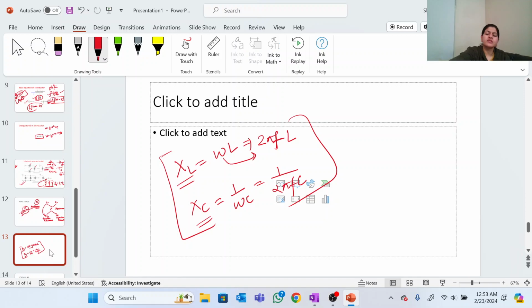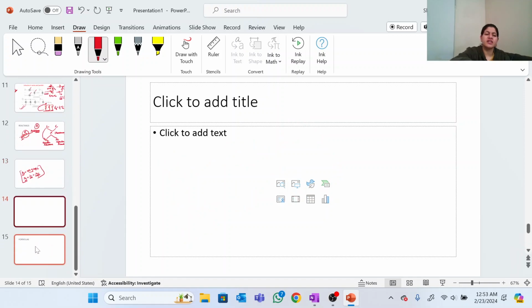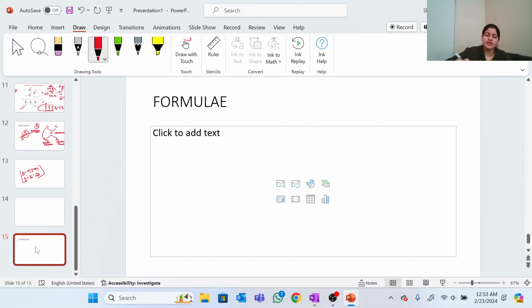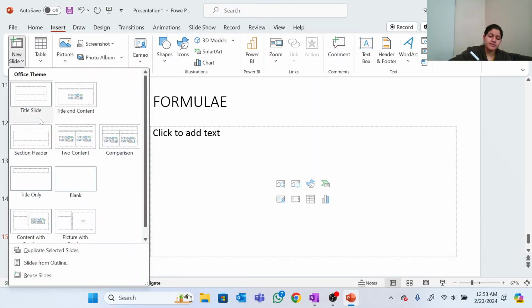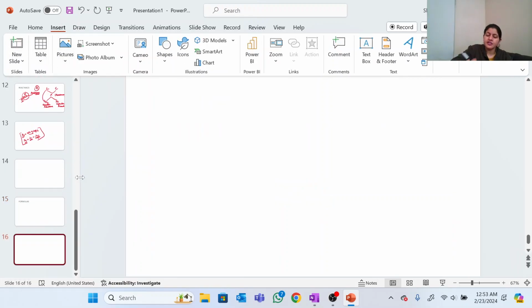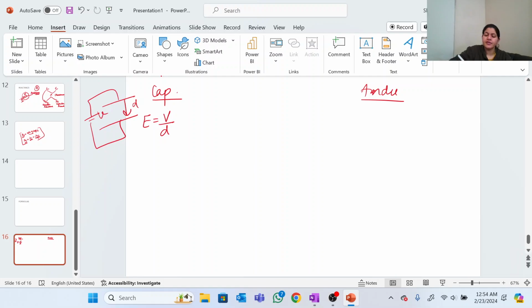So we'll quickly conclude all the formulas here, and maybe I need a plain slide. In case of capacitance and inductance, what all formulas did we read? E, the electric field developed, is equal to V by d, where d is this distance and V is the supply.